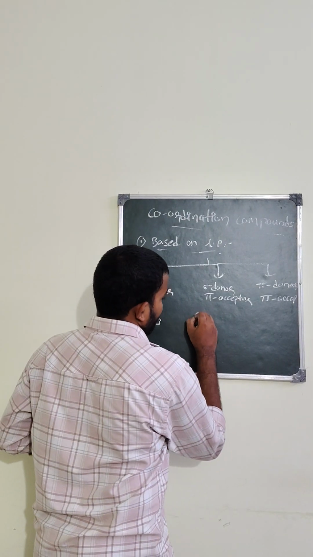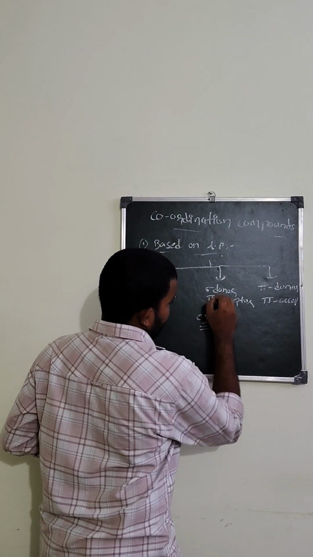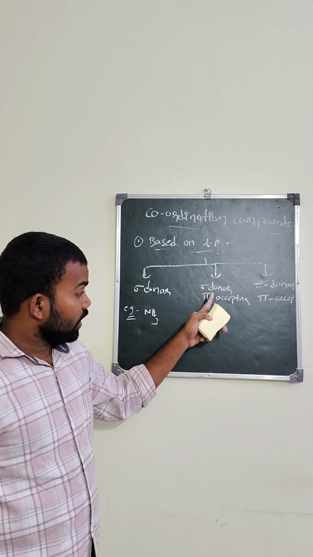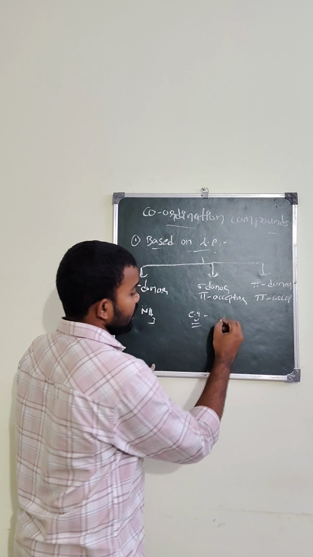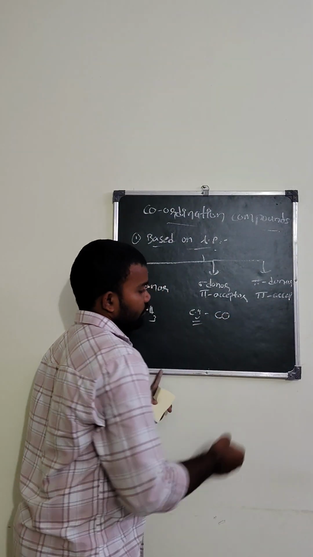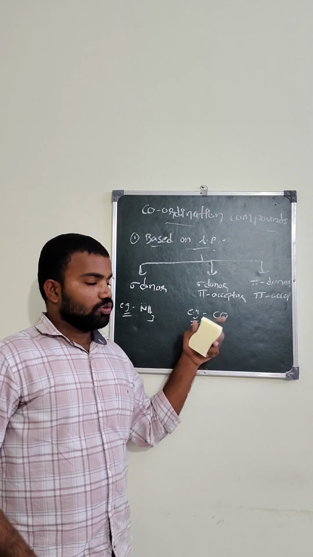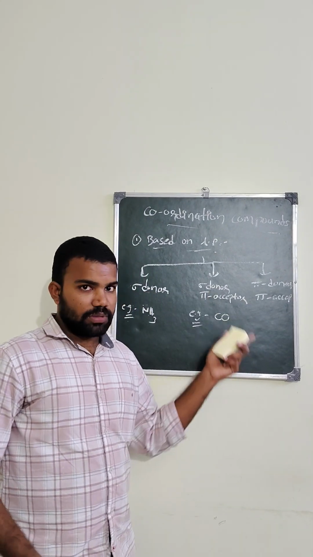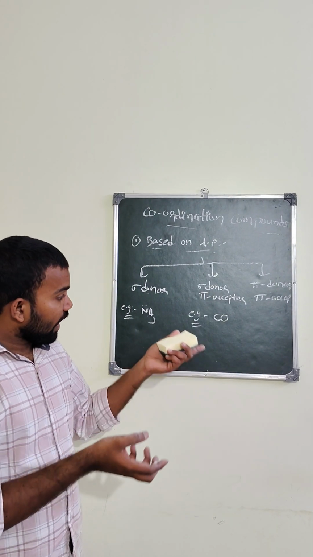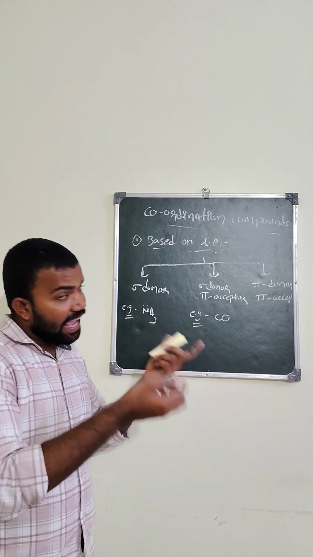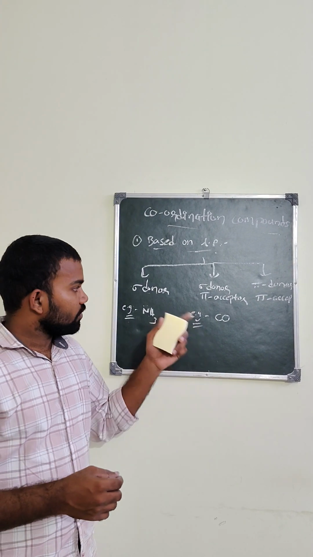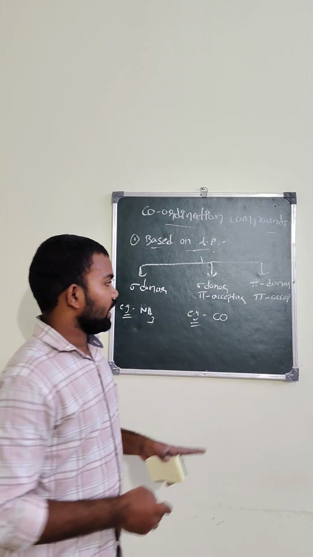Another type is sigma donation and pi acceptor. If you check CO, it can donate its pair of electrons to the metal, that is sigma donation, and parallelly it can accept electrons from the metal. That is called pi acceptor.